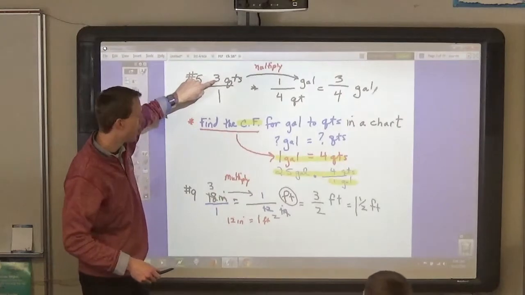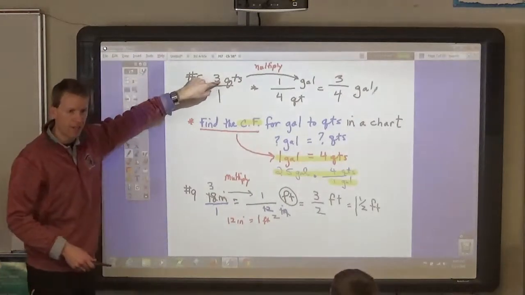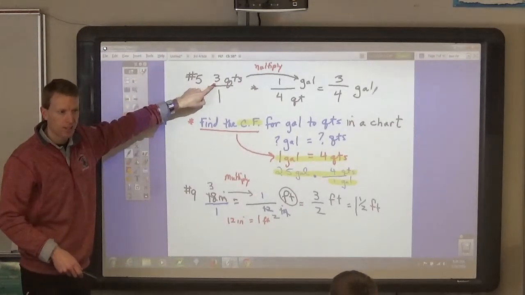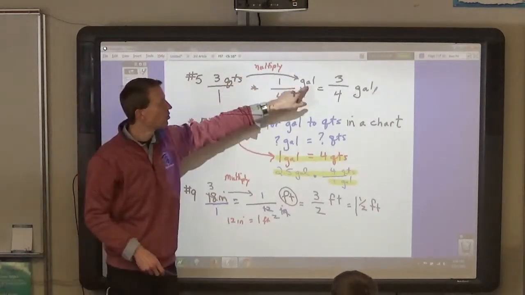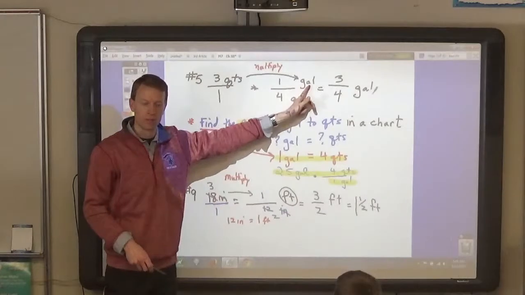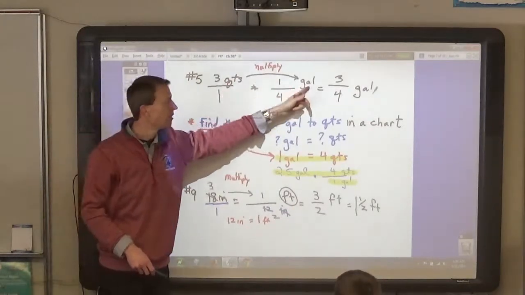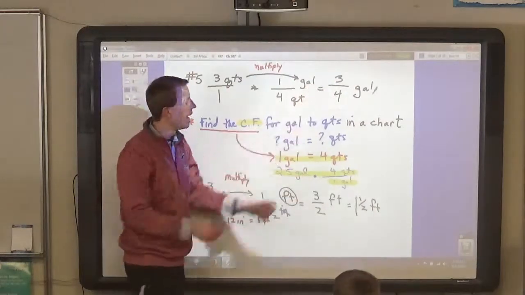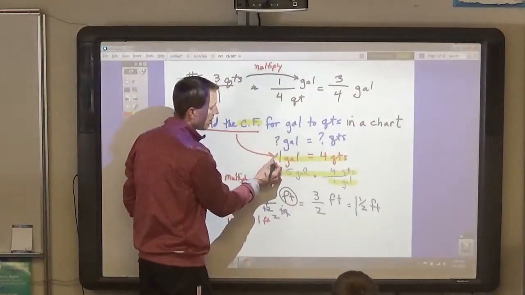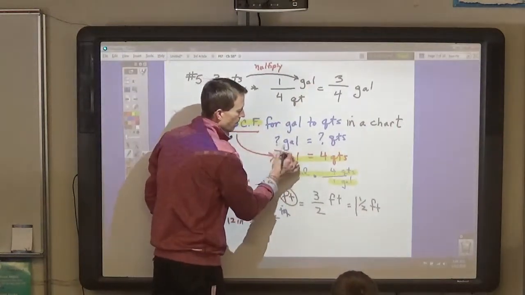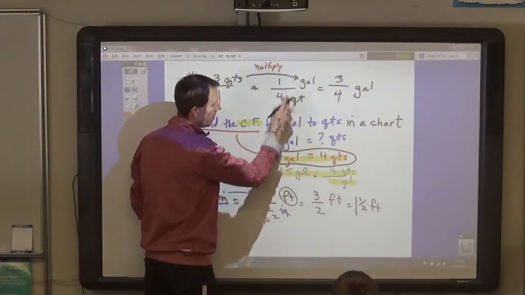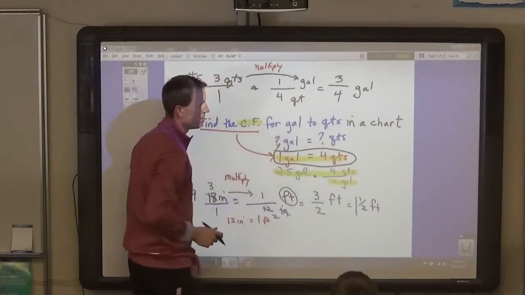Again, start by writing down the one that you're given. We're given that is 3 quarts. Okay? Then draw an arrow to what you want to convert to. Since it's quarts to gallons, I drew the arrow from quarts to gallons. And then you find the one that you need. 1 gallon equals 4 quarts.